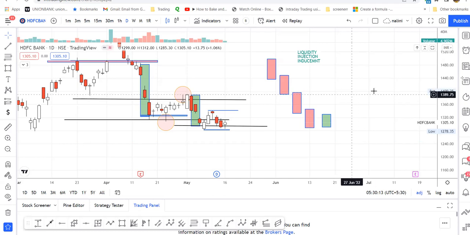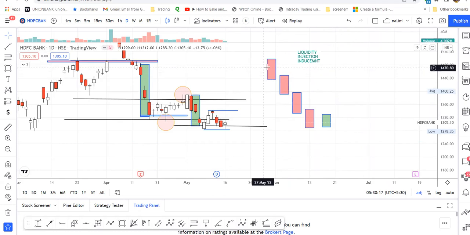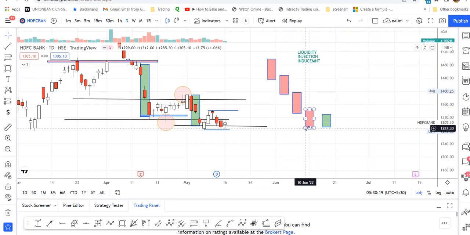So, as a thumb rule, what is happening in the market? There should be 3 or 4 candles, 4 or 5 candles as a thumb rule, after a huge fall. Liquidity is injected into the market.